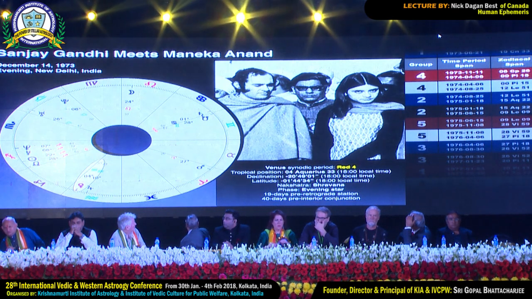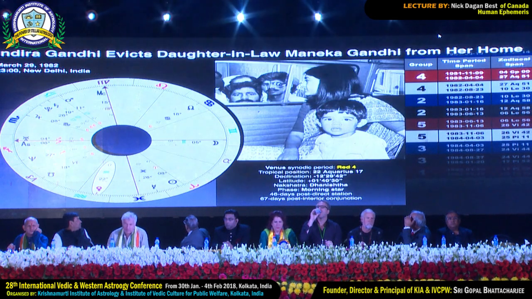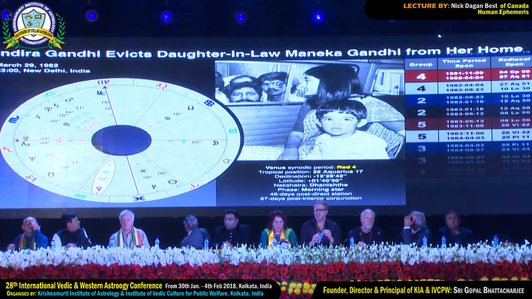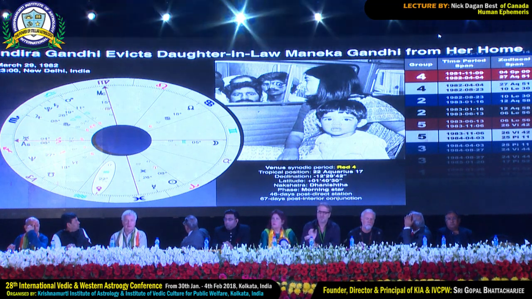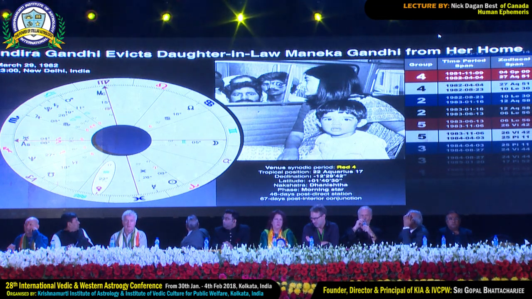Again, we're seeing this family schism in the Nehru-Gandhi family surface during these Red 4 periods. 8 years after this, in 1982, Maneka Anand is now a widow. In fact, her husband, Sanjay, died during a Red 3 retrograde in 1980 in a plane crash, which is interesting because Indira's father also died during a Red 3 retrograde in 1964.